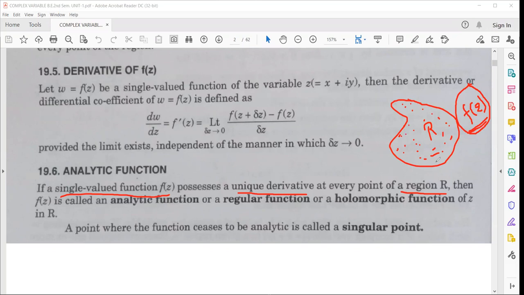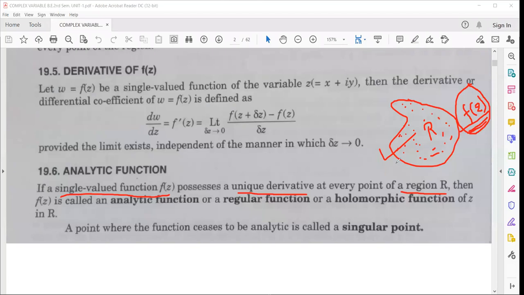So if your function, and that should be a single valued function, not a multi-valued function, a single valued function f of z is said to be analytic in a region R if its derivative exists at each and every point of the region R. Then you can say that the function f z is analytic over this region R.